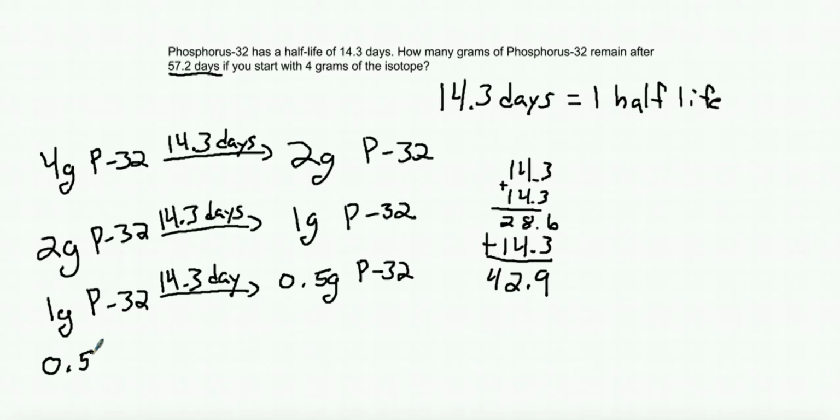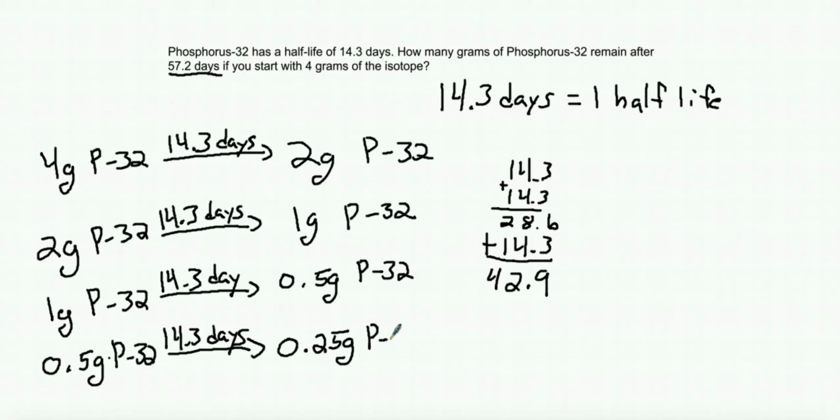So our half gram of phosphorus-32 is going to decay again, another 14.3 days. And now we have 0.25 of a gram, so a quarter of a gram here of phosphorus-32.